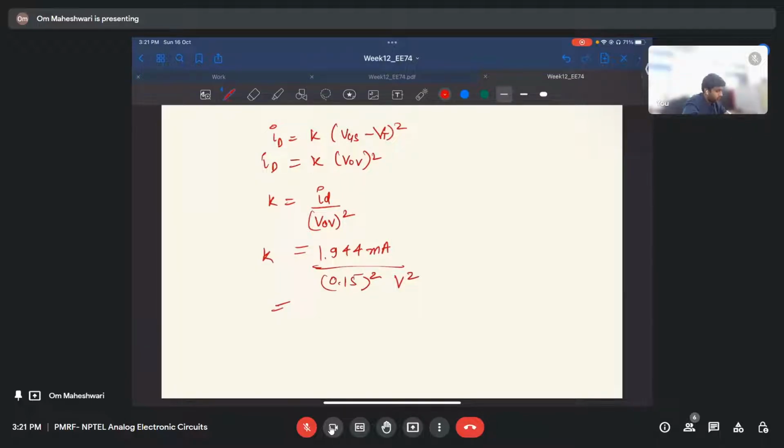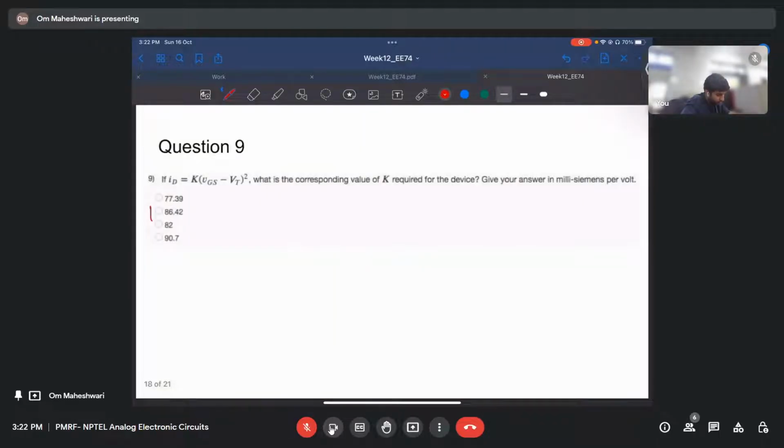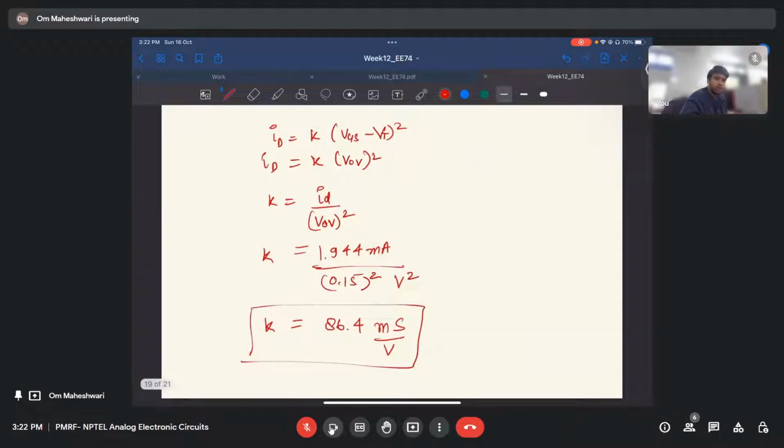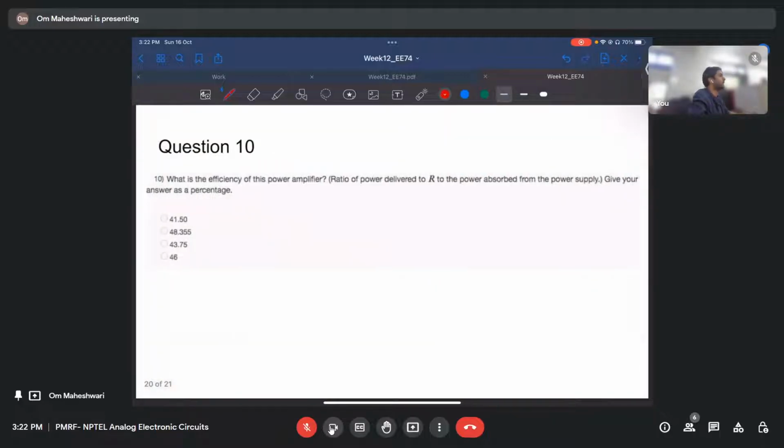So if I solve this, I'm getting here 86.4 millisiemens per volt. This is the answer. So this was also easy. I hope there is no doubt in this. So let us move to the next question.